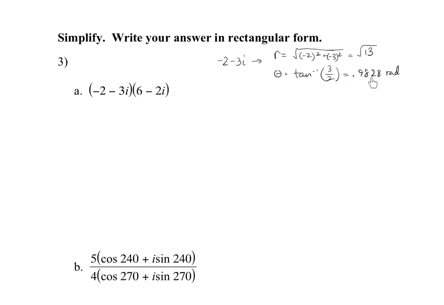Now this is in quadrant 1. However, this complex number would be in quadrant 3. So we need to add pi to this. So pi plus 0.9828 is 4.124.